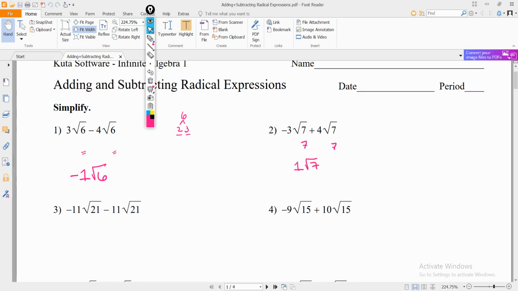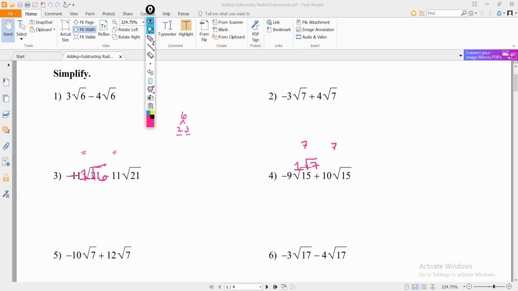Let's see here. -11 radical 21 minus 11 radical 21. So again, 21 goes down to 3 and 7. And to be honest with you, let's say that I had like -11 radical 20 minus 11 radical 20. That's not simplified. Neither is that.